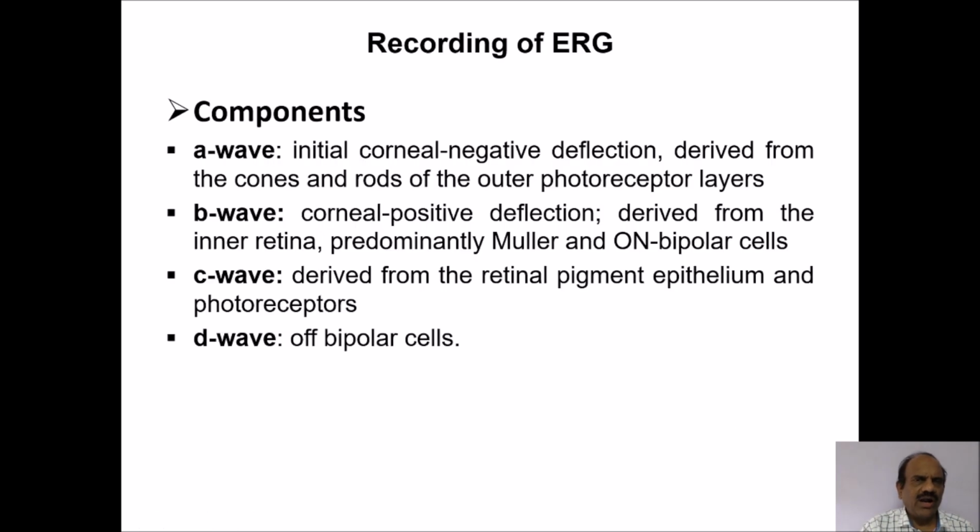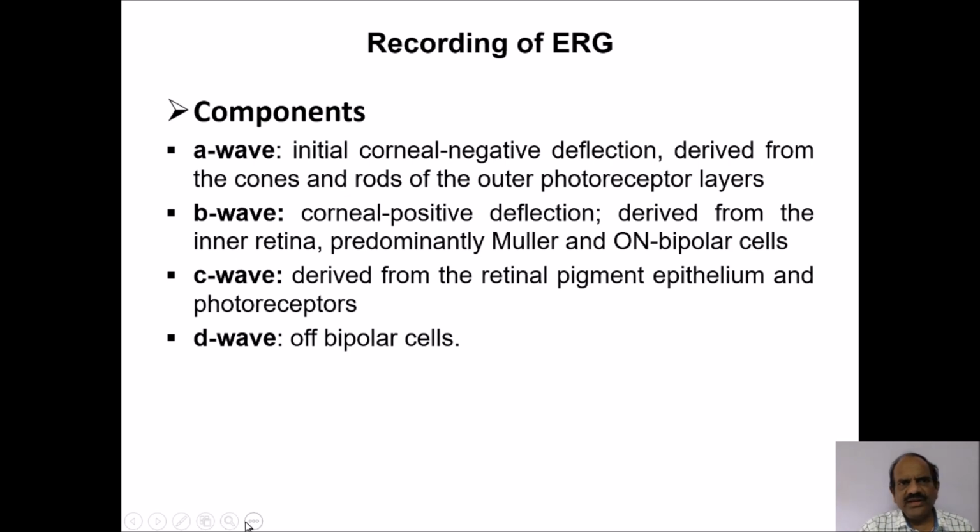What is the meaning of the different components recorded in this ERG? First is the A wave, which indicates the initial corneal negative deflection derived from the cones and rods of the outer photoreceptor layers.